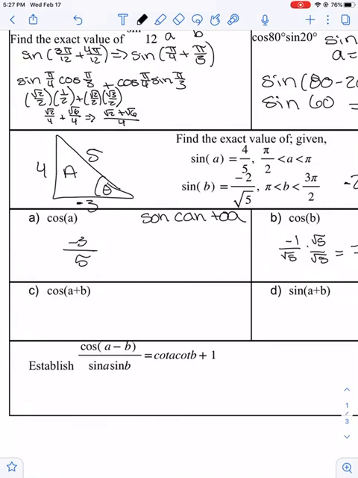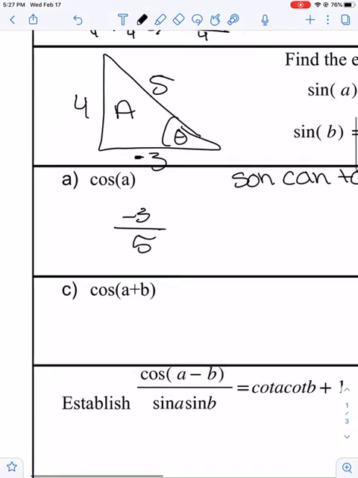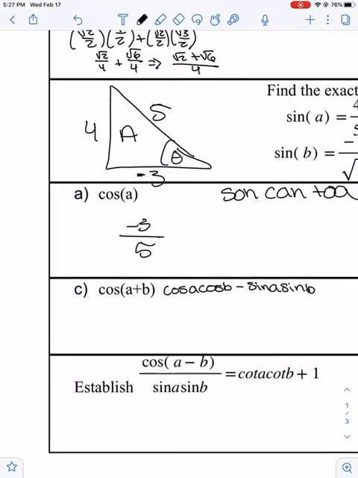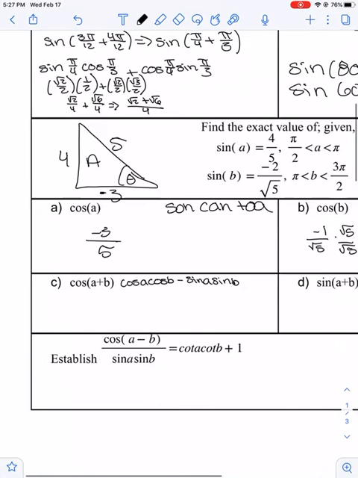Alright, next we're doing the cosine of A plus B. So remember, we're going to write down the formula for the cosine of the sum, which is cosine A cosine B minus sine A sine B. And I'm just going to plug in all those values now. We have them all from A and B, and then what we were given in the problem.